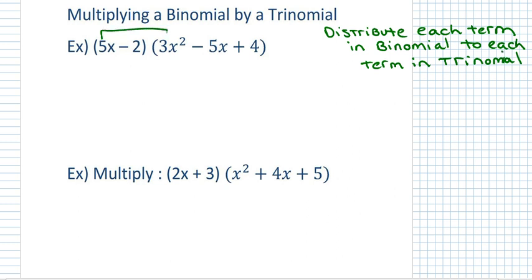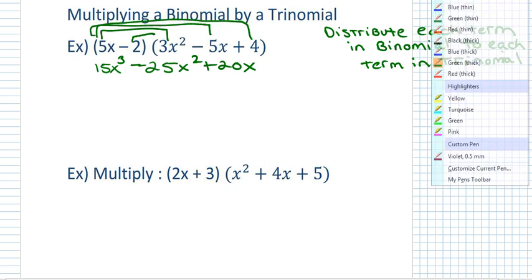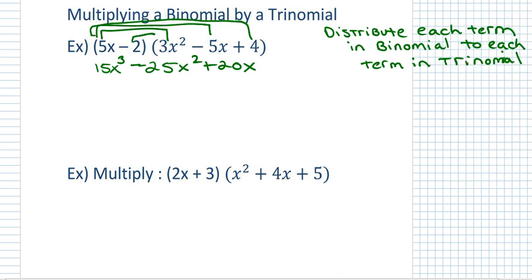So for example, 5x times 3x squared is 15x to the third. 5x times negative 5x is negative 25x squared. Actually, this would be x to the third, sorry. And then 5x times 4 gives you 20x. Then you do the negative 2. We'll change another color there. So we'll go red.